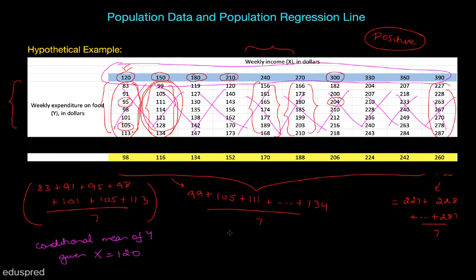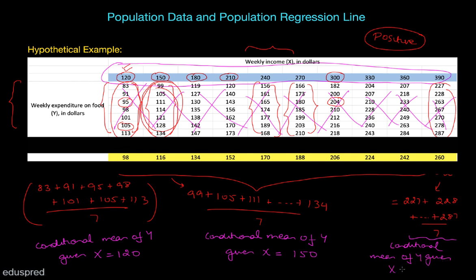Similarly, this 116 that you see over here, this is the conditional mean of your weekly expenditure on food, given that your x value is equal to 150. And similarly, this one over here is the conditional mean of y, given that x is equal to 390. So all of these numbers that you see, these are conditional means.